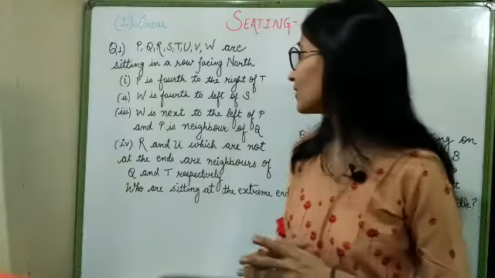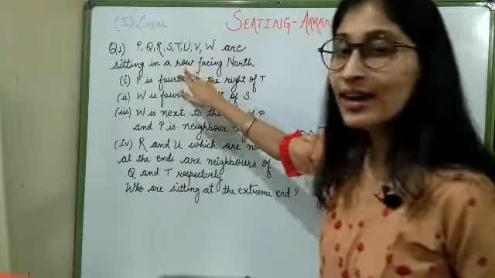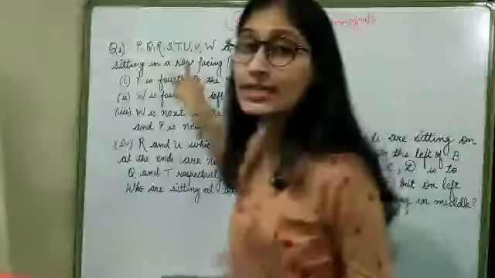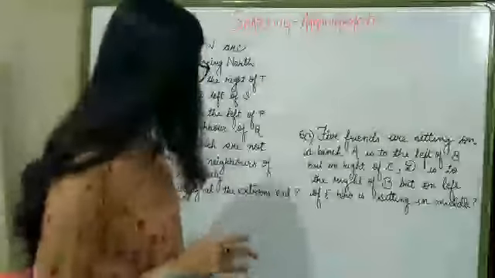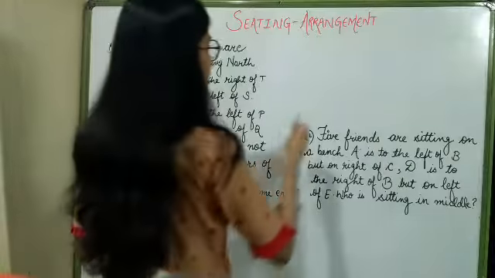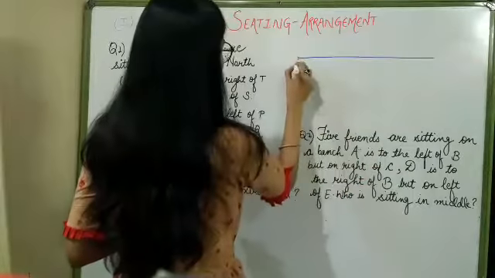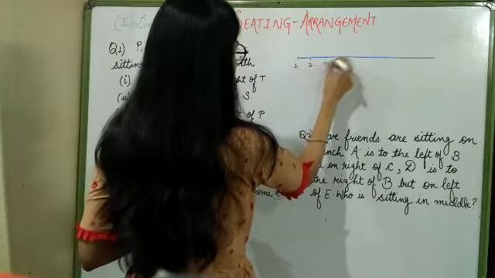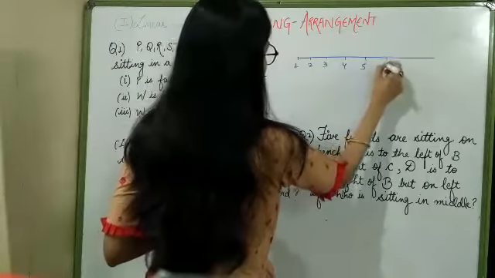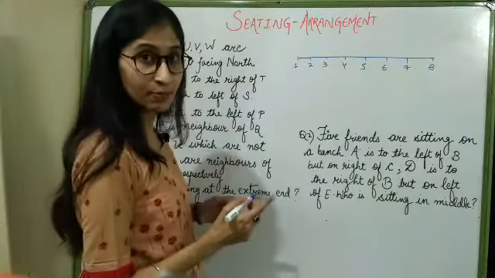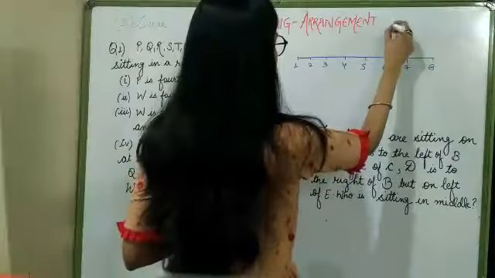So the question here is: P, Q, R, S, T, U, V, W are sitting in a row facing north. From here I can judge that I have to place 8 people: 1, 2, 3, 4, 5, 6, 7, 8. And these people are facing north.